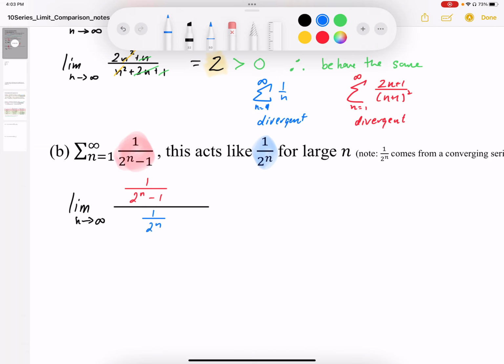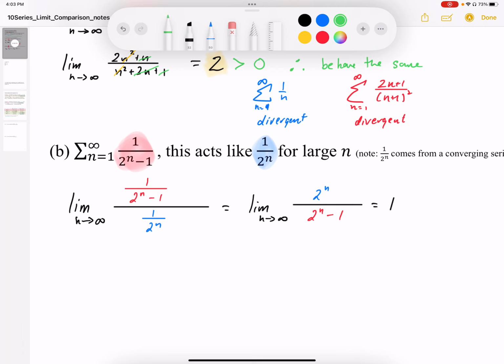I'm going to rearrange this so it is a little easier to look at, because when I'm doing limits, I don't want complex fractions. I want one numerator and one denominator. So I end up with 2 to the n in the numerator and 2 to the n minus 1 in the denominator. We can see this is a ratio of exponential over exponential, which is equal to 1. This is key.